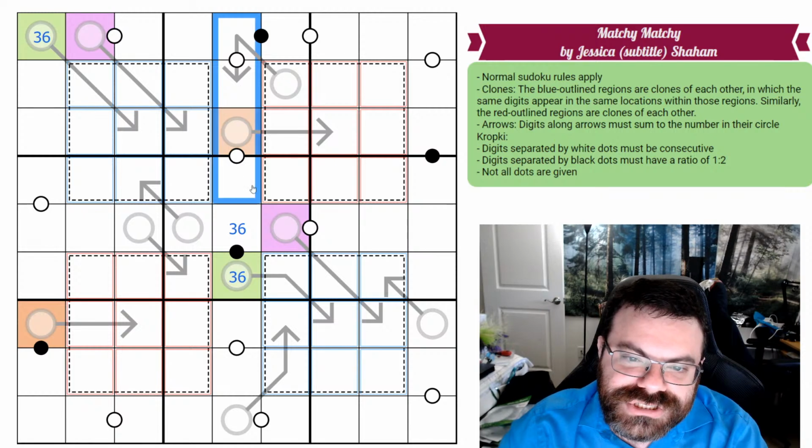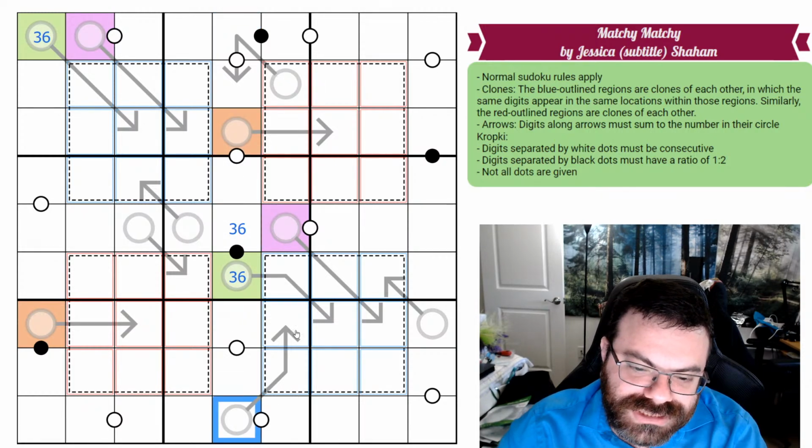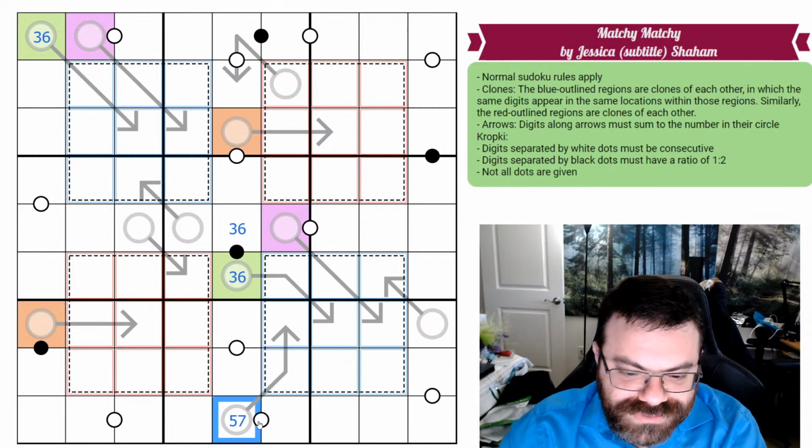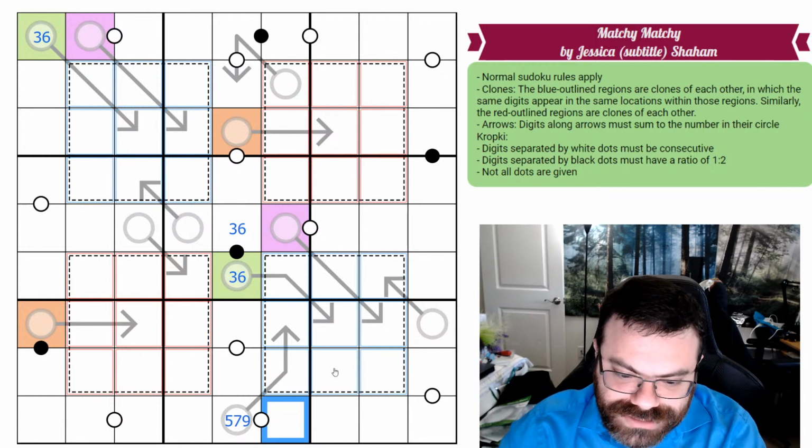And then, okay, so in addition to that, we have all our evens used. So this is odd. It's at least 3, but it can't be 3, so it's 5, 7, or 9, which means that this is even. Should I color evens odds? Maybe not yet. This is 4, 6, or 8.